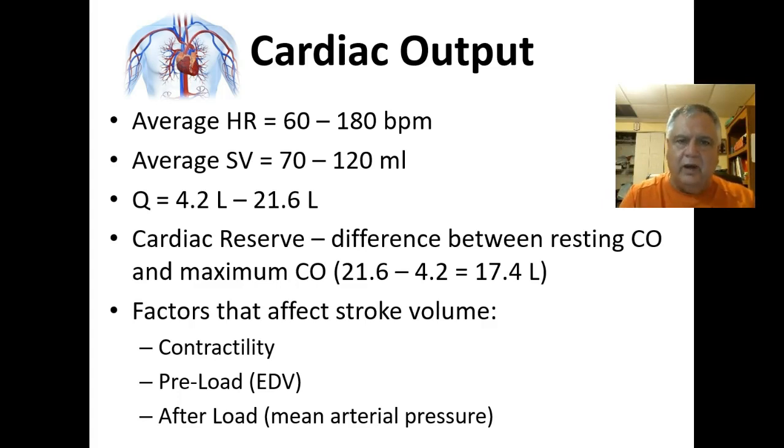And so without as much force, you're not going to be able to eject as much blood. The stroke volume is going to be a little bit lower. Another factor that can affect contractility is if the heart becomes enlarged. Oftentimes when that happens, the fibers become stiffened. And if the fibers become stiffened, they can't contract with as great a force, and that's going to reduce the stroke volume.